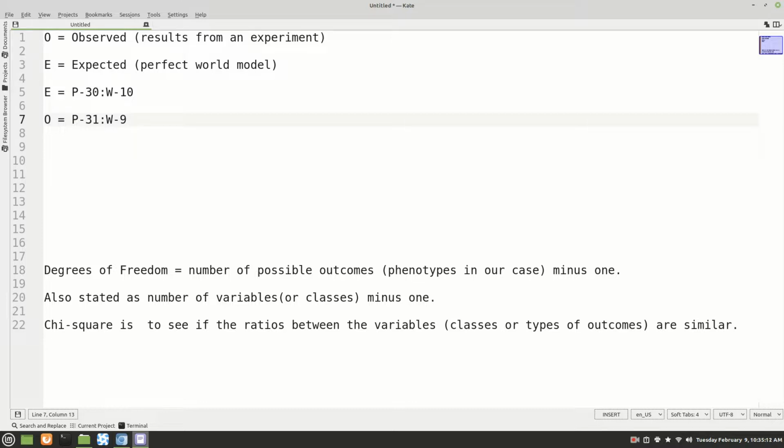Are we willing to be wrong 5 times out of 100? That would be a 95% confidence that we got it right. Or maybe we don't mind if it's off a little more than that, and we say, well, maybe we just need to be right 9 out of every 10 times, so that would be a 90% confidence interval.